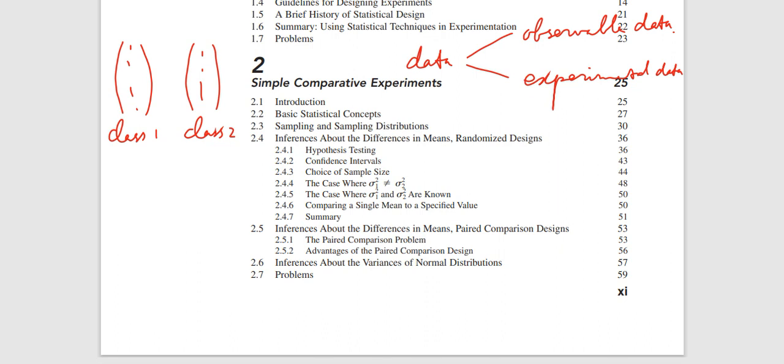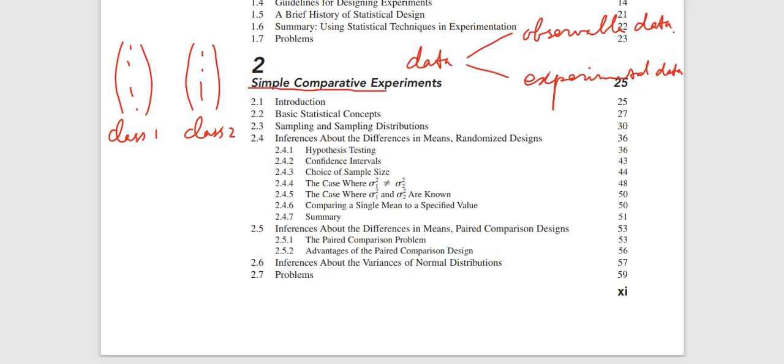So here we split people into two groups, then take the medicine, then compare the results. We call this a simple comparative experiment.